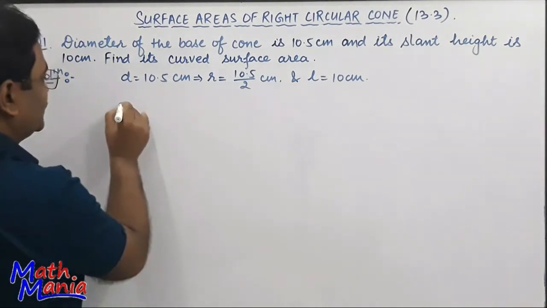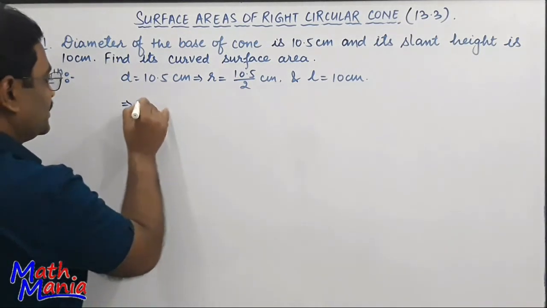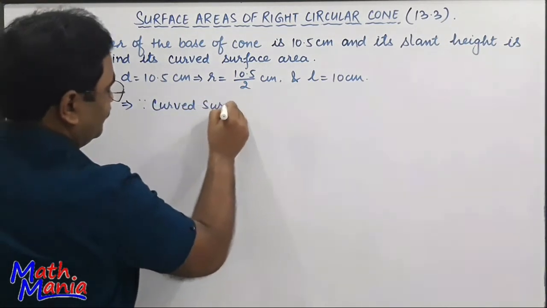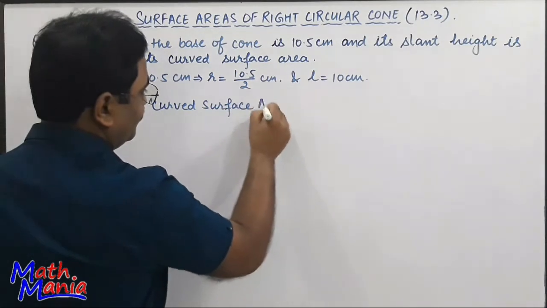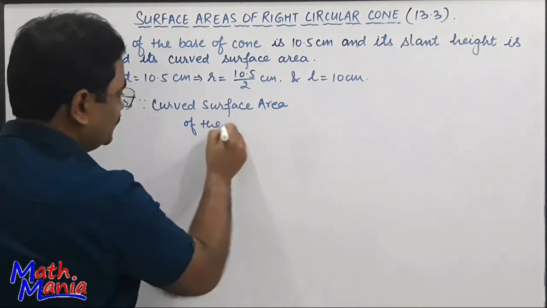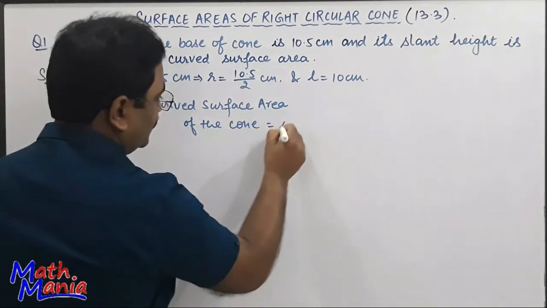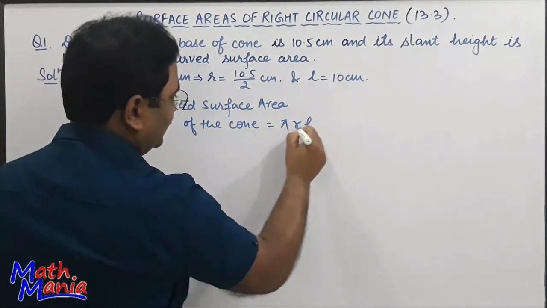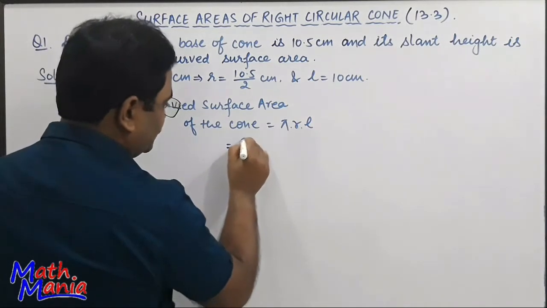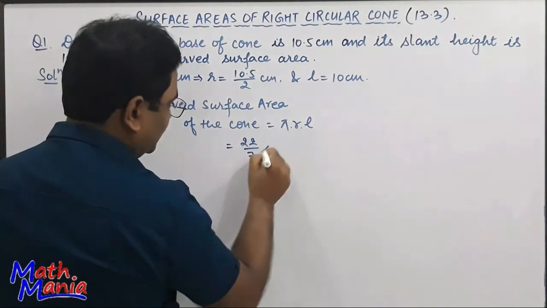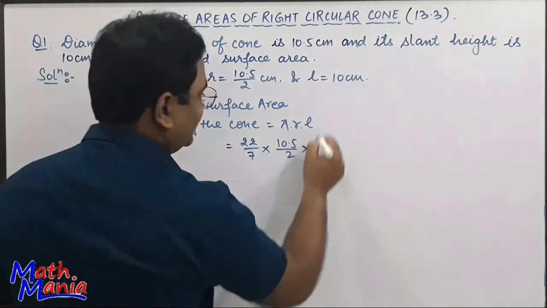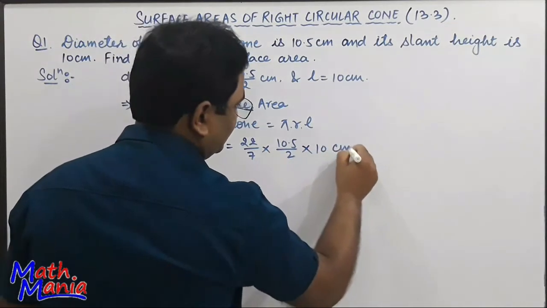As we have discussed already the formula, the curved surface area of the cone is pi r l. So let's substitute the values. Pi is 22 upon 7, radius is 10.5 divided by 2 and slant height is 10 centimeter square.